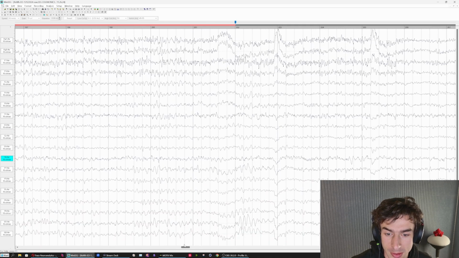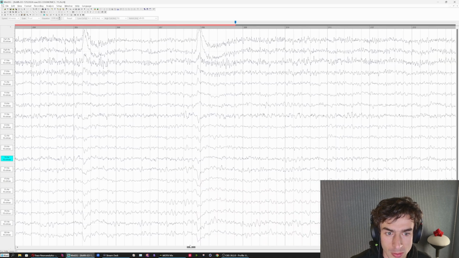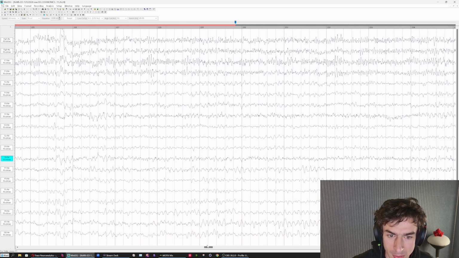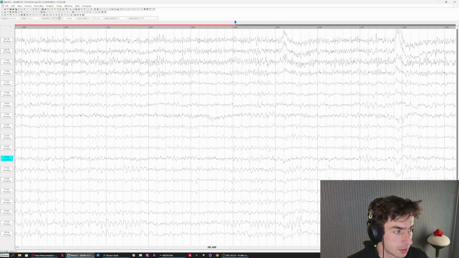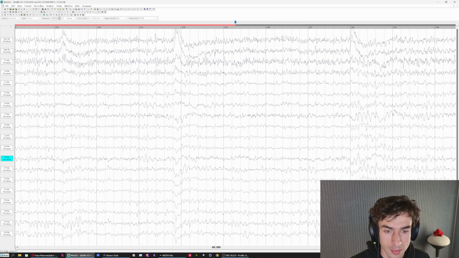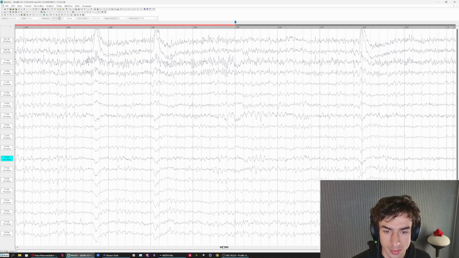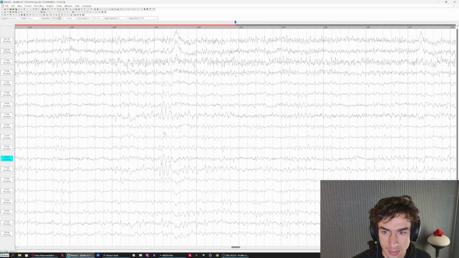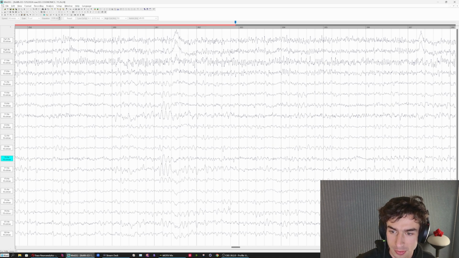It's very good data. The frontal muscle tension and eye blink will be able to be cleaned up quite readily with the ICA de-artifacting. Again, this focal left temporal alpha activity.